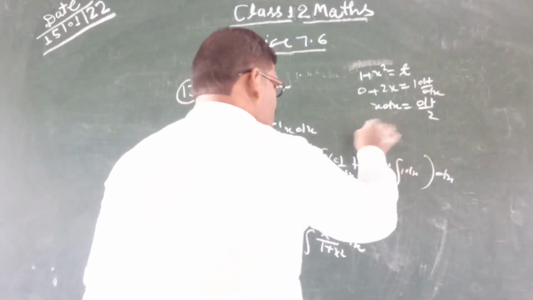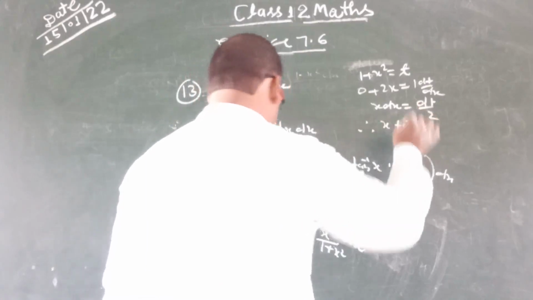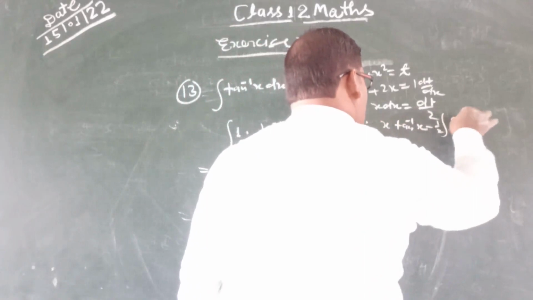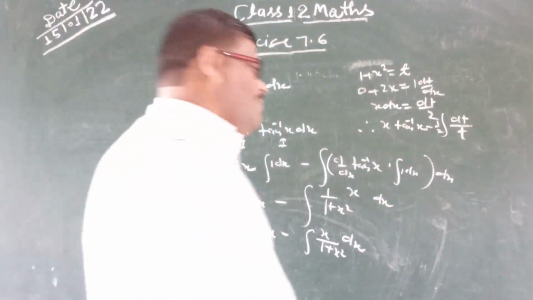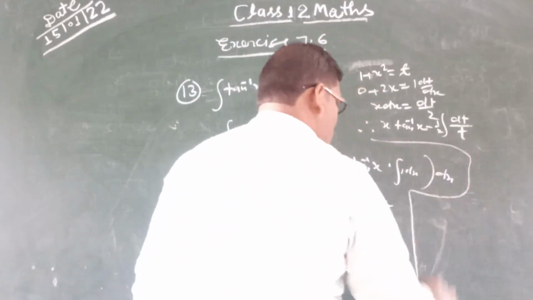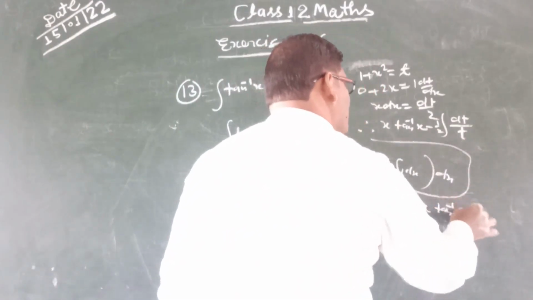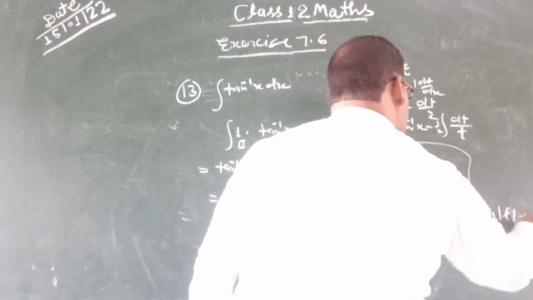Therefore, we can write x tan inverse x minus 1 by 2 dt by t. Now dt by t is log mod t, which is equal to x tan inverse x minus 1 by 2 log mod t.